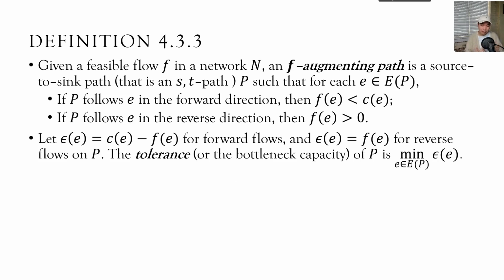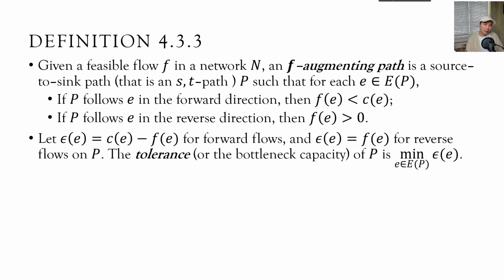So a lot of these terms may seem a little bit abstract, but you're going to see what I mean as I go through our example in our algorithm in just a moment, probably a couple minutes. So we have the tolerance, or some people even say the excess capacity of the path.